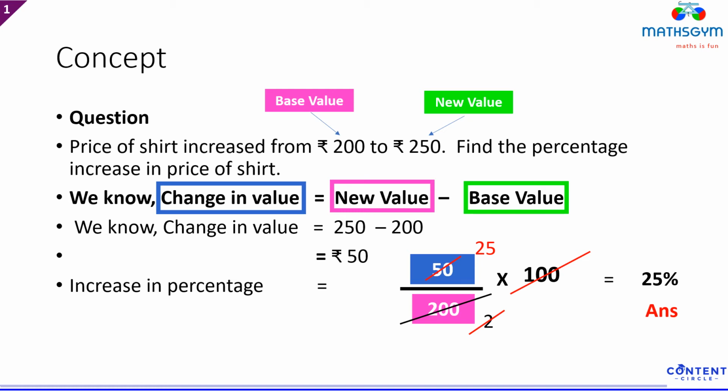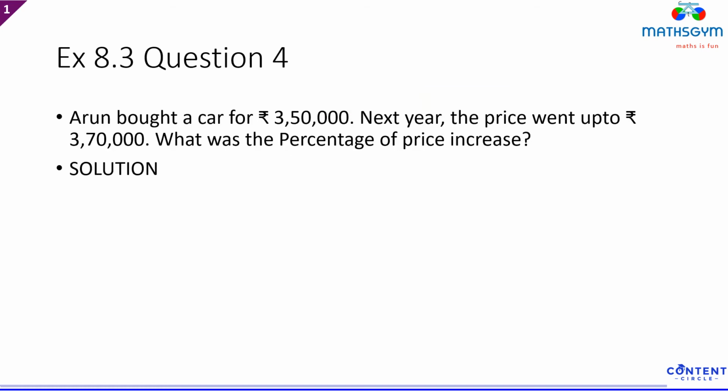Let's take a look at question number 4 from exercise 8.3 of NCERT. Arun bought a car for rupees 3,50,000. Next year the price went to 3,70,000. So the price went up to 370. Now what was the percentage of price increase?